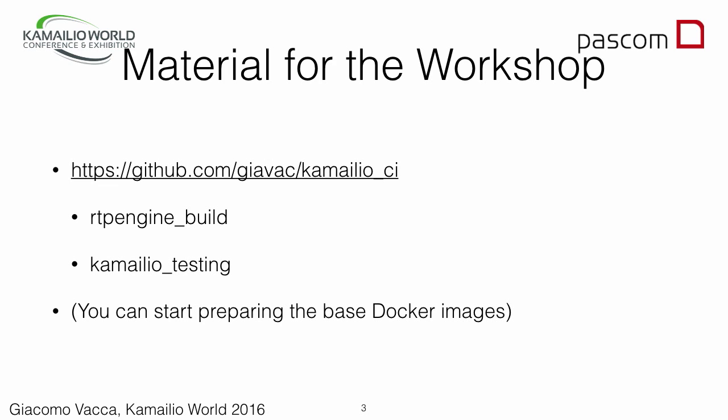So for this workshop, I prepared some code that you can use right now if you want, just to be hands-on during the conversation. So if you want, just clone that small GitHub project. It's going to have two main parts.